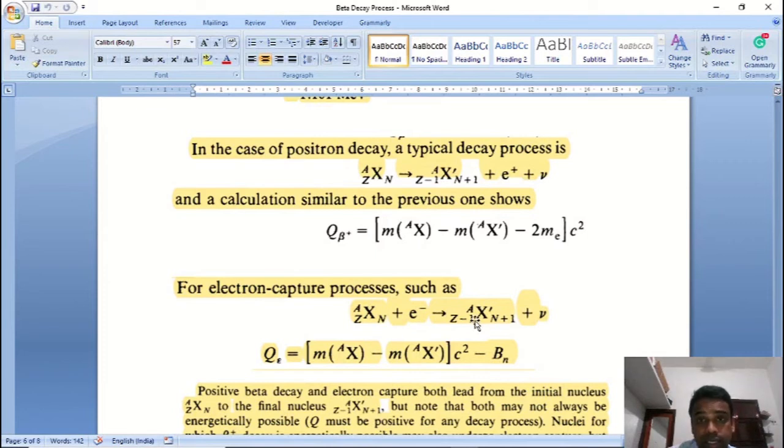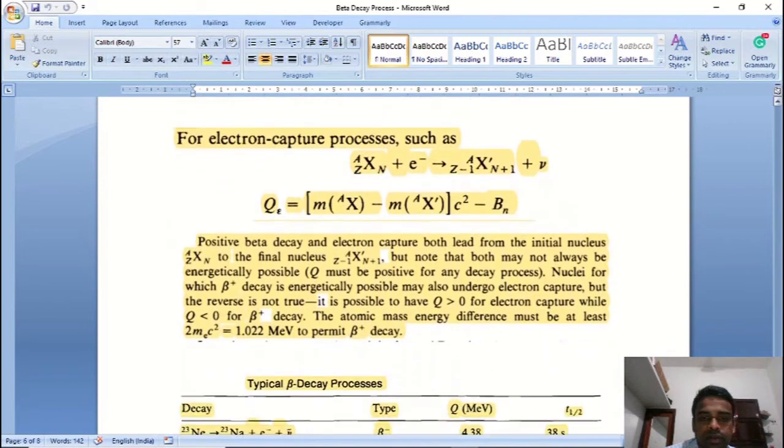We will get another element plus a neutrino. Therefore, the Q energy or disintegration energy for epsilon, representing the capture of an electron, equals m of AX minus m of AX prime into C square minus Bn. Positive beta decay and electron capture both lead from the initial nucleus AZXN to the final nucleus AZ minus 1 X prime n plus 1.